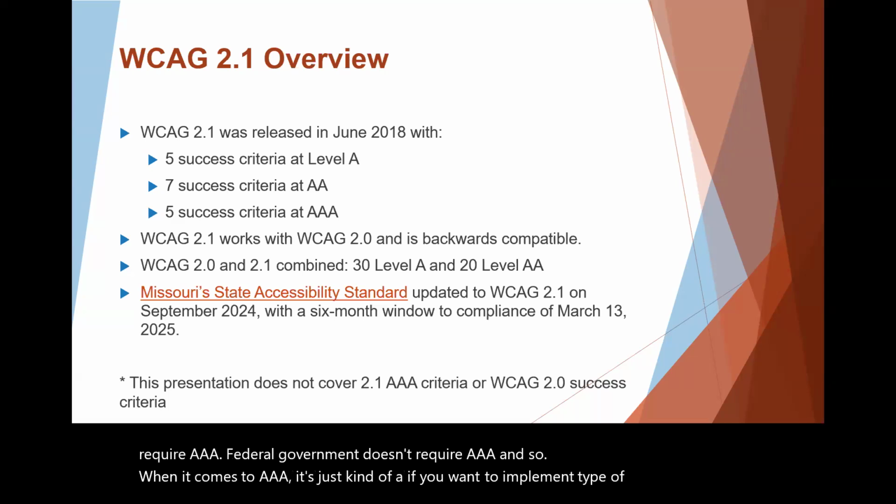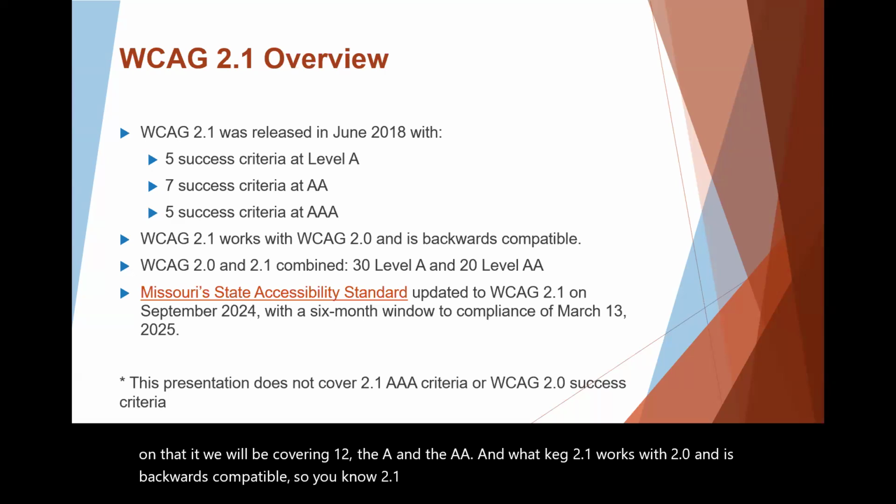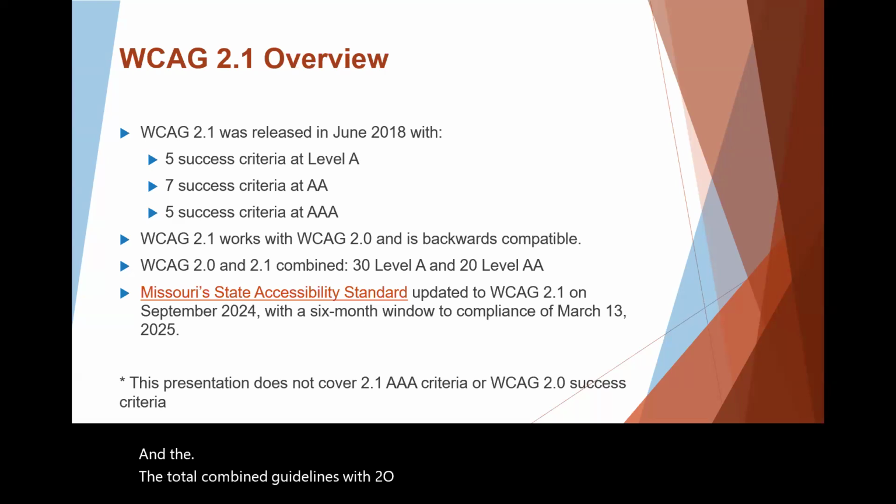So based on that, we will be covering 12, the A and the double A. And WCAG 2.1 works with 2.0 and is backwards compatible. So 2.1 just builds on the 1.0 and 2.0 versions. And the total combined guidelines with 2.0 and 2.1 are 30.